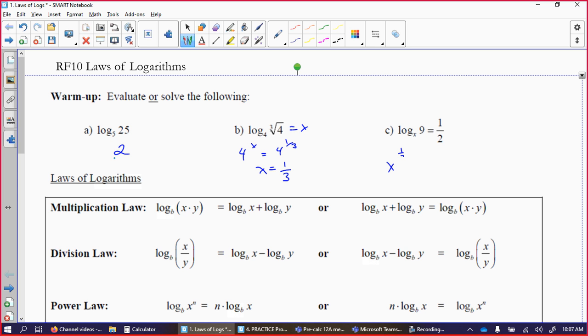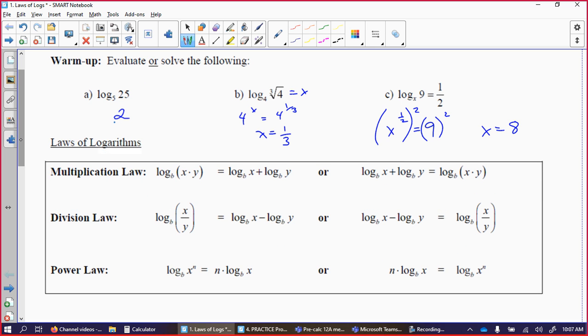X to the half equals 9. What do I have to raise it to, or square root? Because the other way to get rid of that is to square both sides. X equals 81.